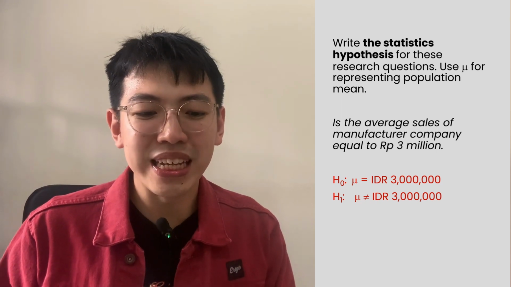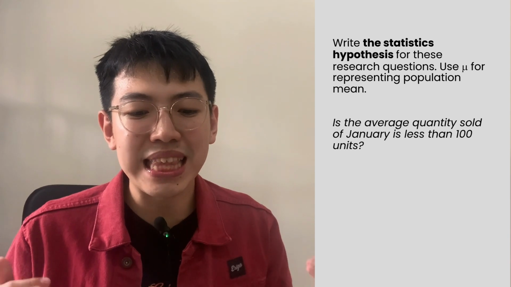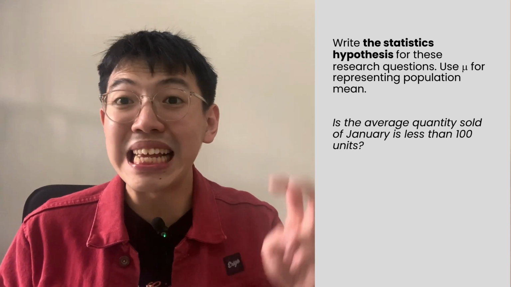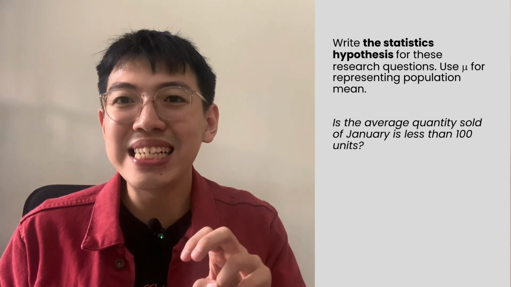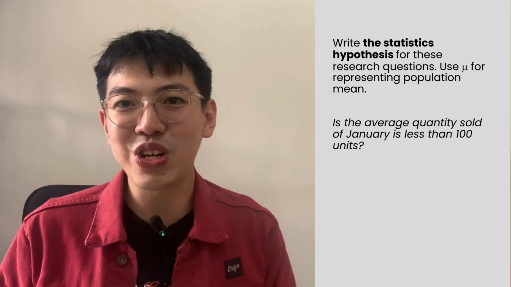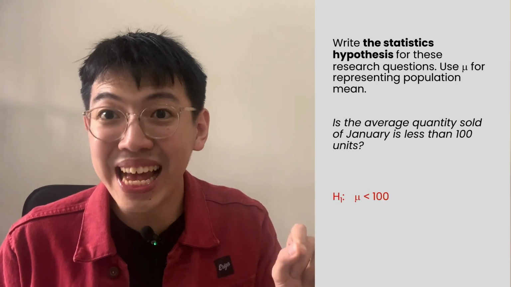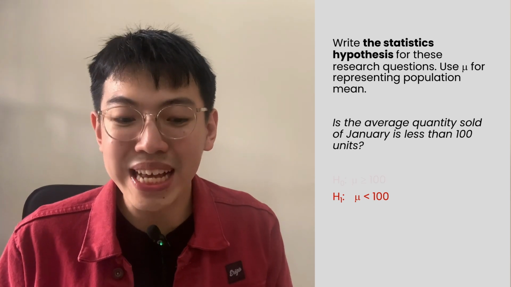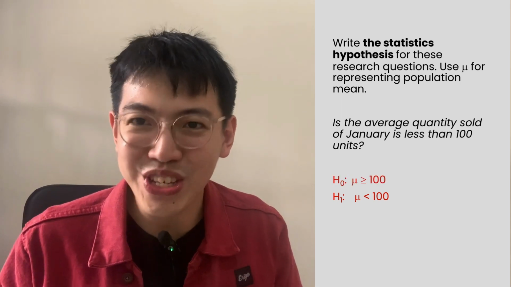The next question: is the average quantity sold in January less than 100 units? The keyword here is less than. So less than, it is H1. That's correct. So H1 is mu is less than 100, and the H0 will be mu is more than or equal to 100 units.